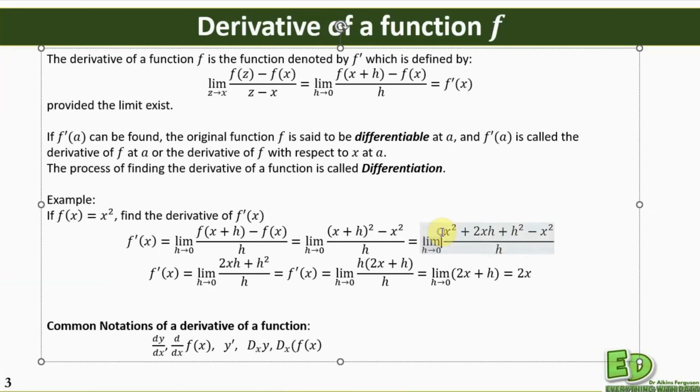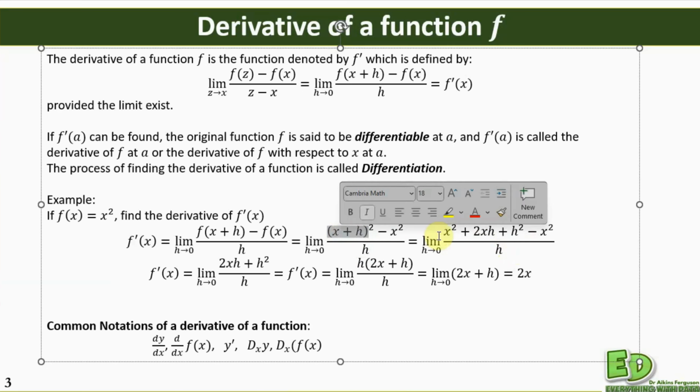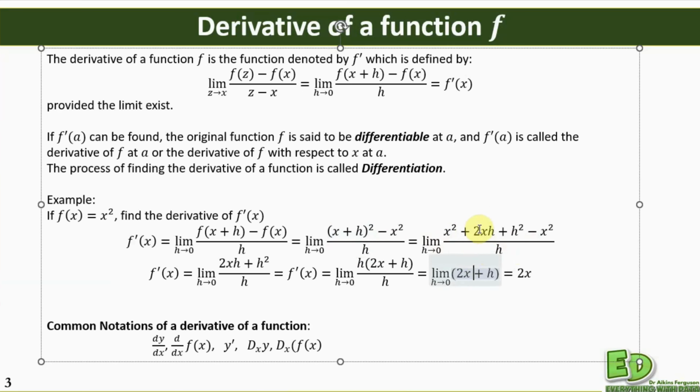This term, x squared plus 2xh plus h squared, is the expansion of x plus h all squared. If you expand this, you would get x squared plus 2xh plus h squared, then minus x squared.